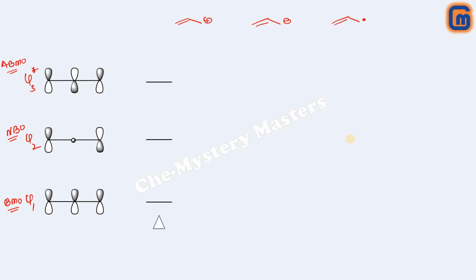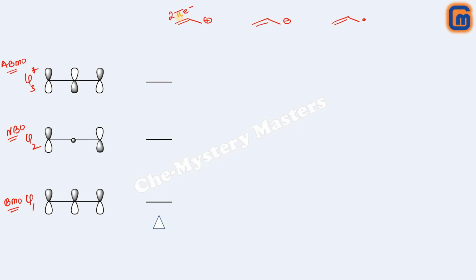So firstly we will be going with allyl cation. If you talk about allyl cation, we have to see how many electrons are undergoing the pericyclic reaction. In this particular condition, there is only a single pi bond, or there are 2 pi electrons in this system. That means overall there are only 2 electrons which are undergoing the reaction.